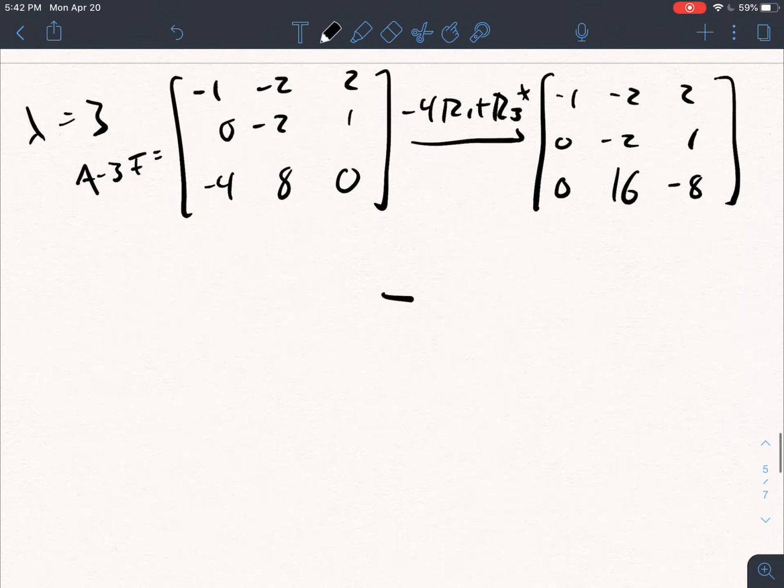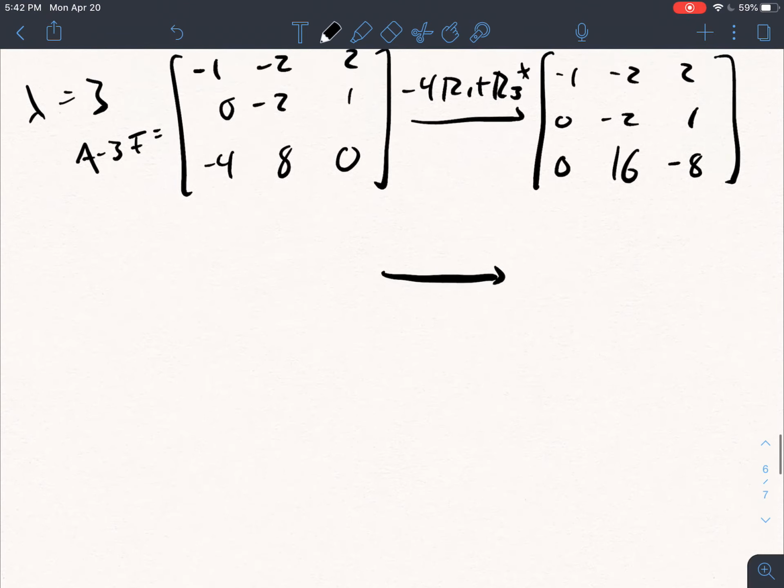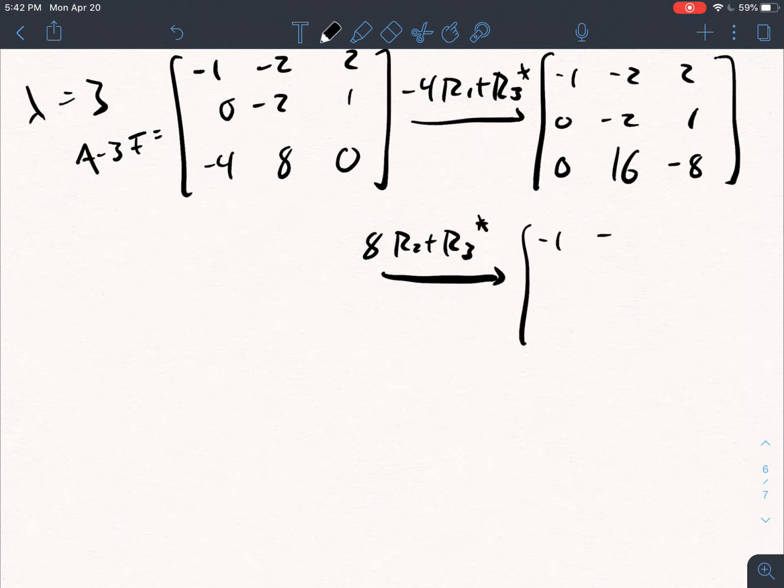So I get 0, 16, and -8. Okay, that's useful because now I could just do 8 times row 2 to clear out all of row 3.